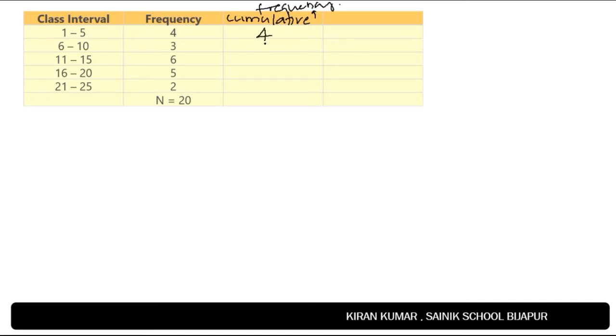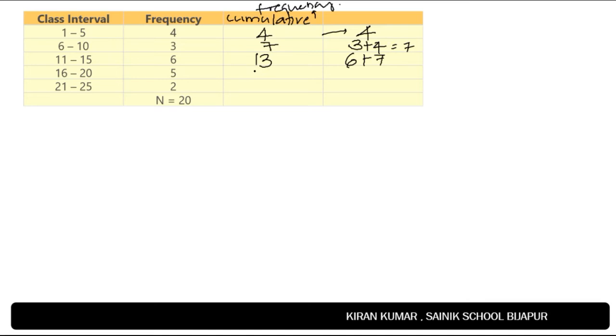Cumulative frequency is the sum of all the frequencies of the classes preceding. So for 6 to 10, it will be 3 plus 4, which is 7. Let me mention that here. Next is 13, which is nothing but 6 added to the previous sum, which is 7.